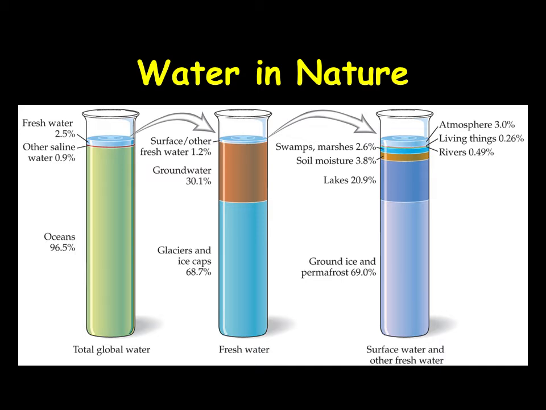And of that, a significant amount of it is actually frozen in glaciers and ice caps. The rest of it is in the form of groundwater, which we'll mention later. So from that 2% that's freshwater, only about 1% of that is actually surface and other freshwaters, so things that make up lakes and swamps and marshes, etc.